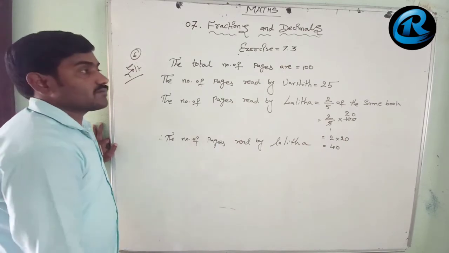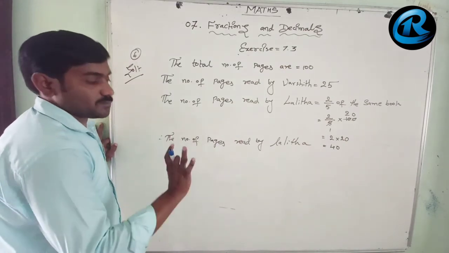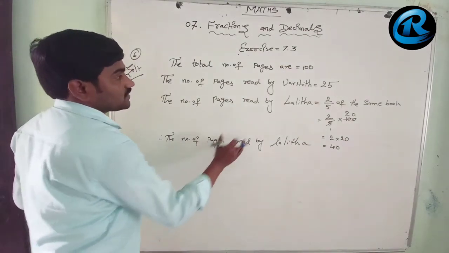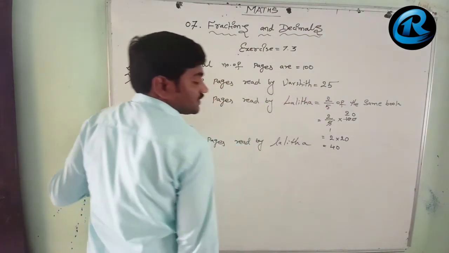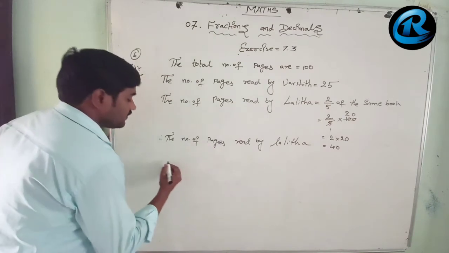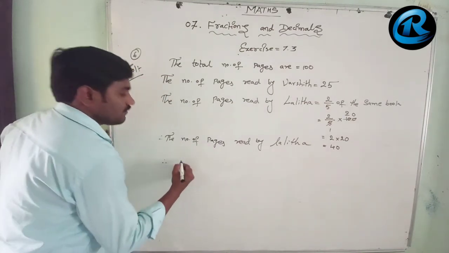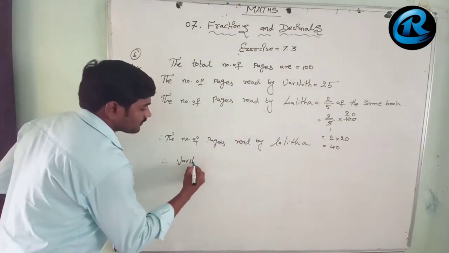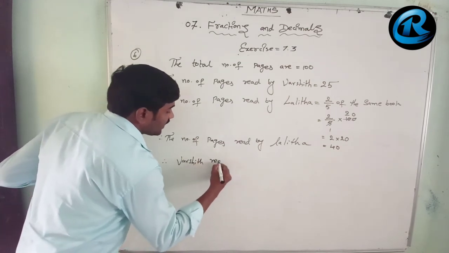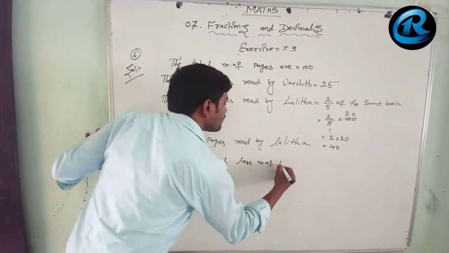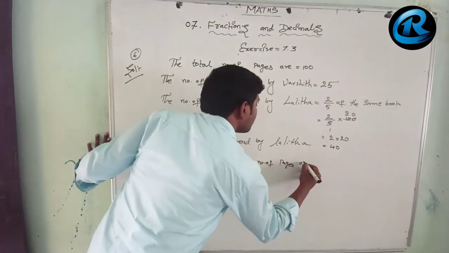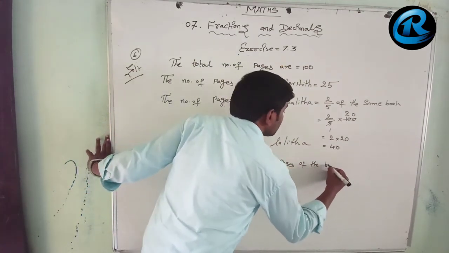ఎవరు తక్కువ పేజెస్ చదివారు మరి? Who read less pages? Varshit read 25 pages. Lalita read 40 pages. Who read less pages? Therefore, Varshit read less number of pages of the book.